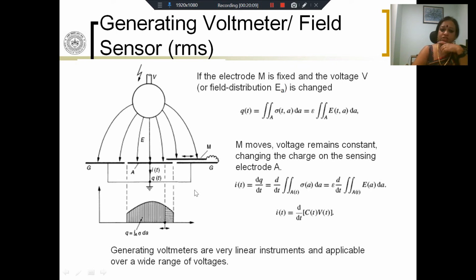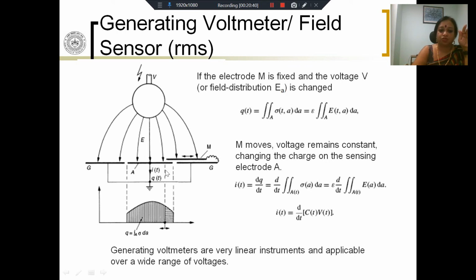You may also have a situation where the voltage remains constant. If this is a constant voltage that we want to measure, we cause the movable electrode M to move slightly, so that the field configuration is not greatly changed. Now, if M moves a little over A, the flux cutting the plate A changes. So there is a change in the charge on the sensing electrode.